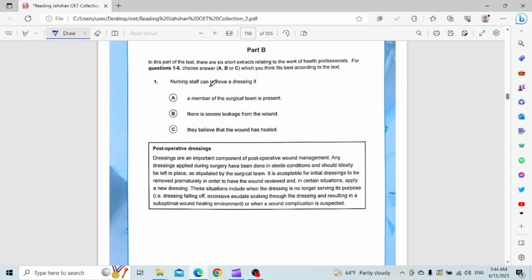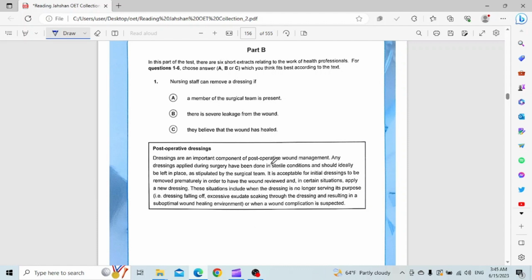As I said, there are different types of part B questions. Sometimes they ask about specific information in the text, and sometimes about the whole idea of the text. So you have to read the text very thoroughly and deeply, so that you understand each sentence.